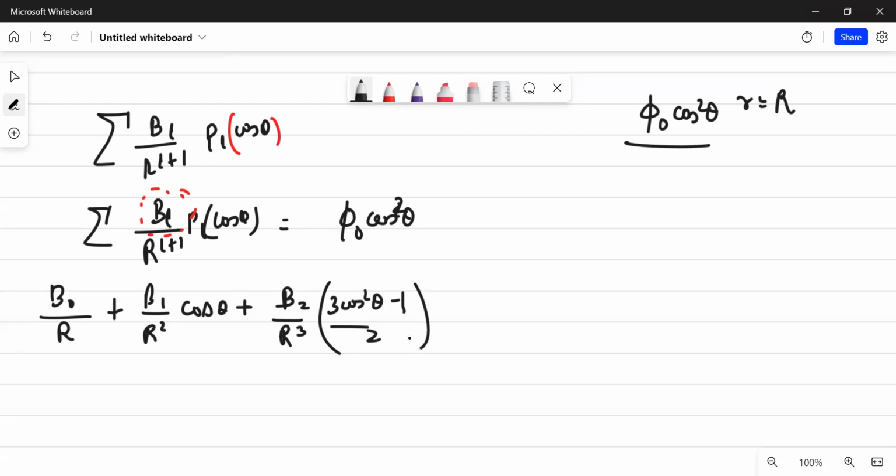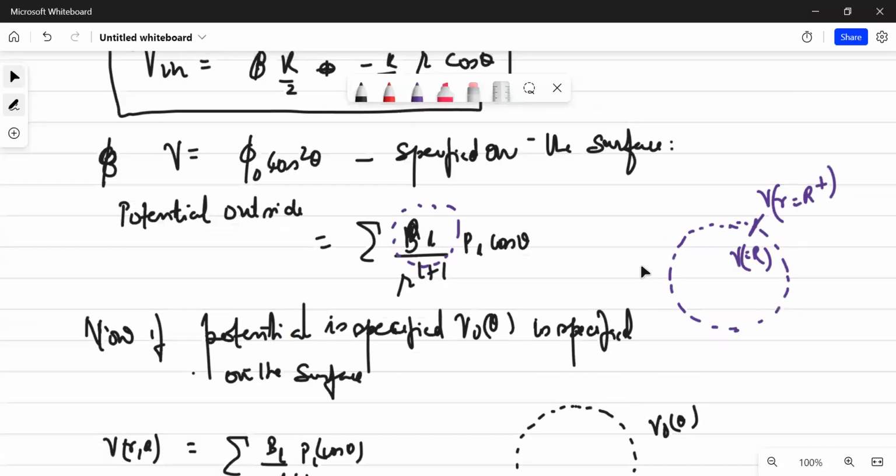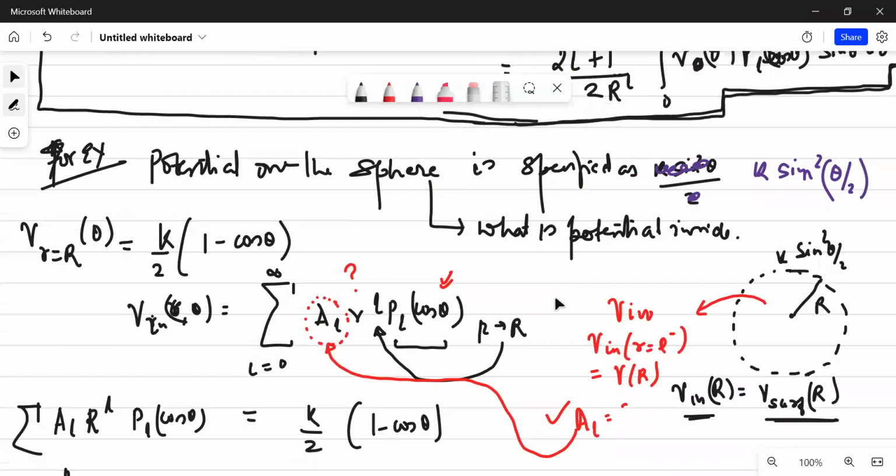Forget about the further terms, because there's a possibility that cos square theta will occur in P4, I guess, if I'm not wrong.